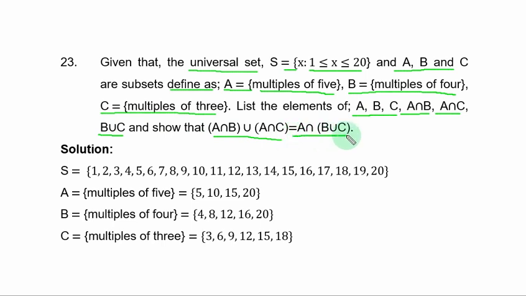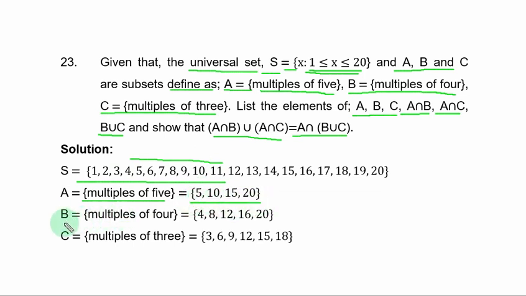Solution. First, you have to list the elements in the universal set. By this given range, you list the elements between 1 and 20 inclusive. You have the universal set. Subset A is the set with elements multiples of 5. From here, you list all the elements that 5 can divide. You have this subset.